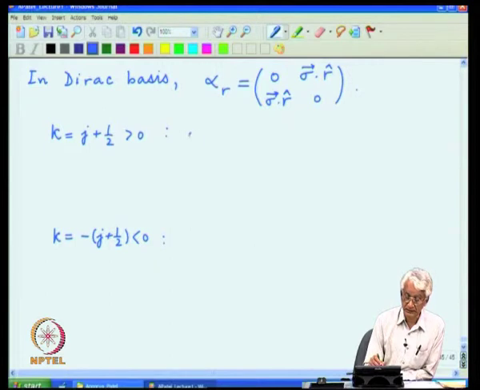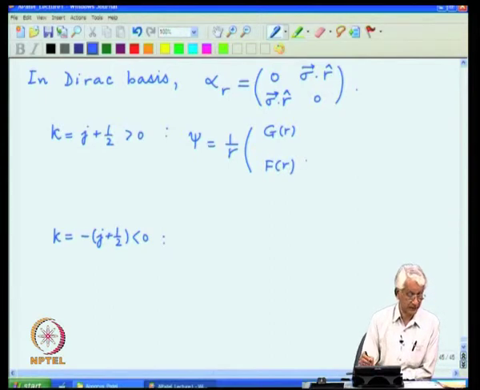Let us see what the result looks like. And so we have the various pieces; this was the radial part, and the angular part now gets the corresponding coefficients.